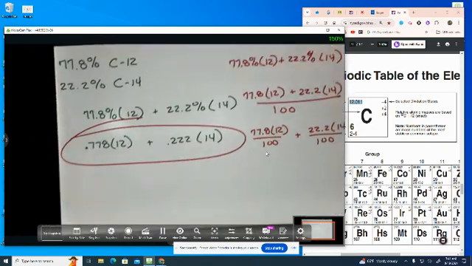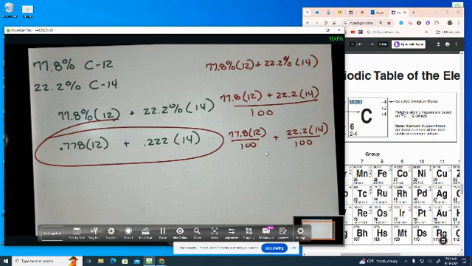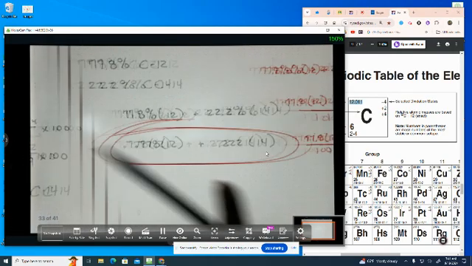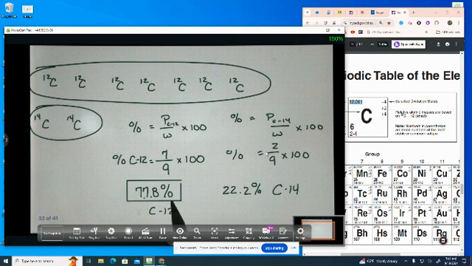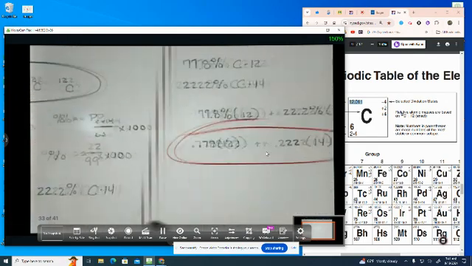Let's see. Okay, let's do the math. Let's see if our math comes out right. Let's see if we end up with, what's the average we got? 12.4? Let's see if we get that.